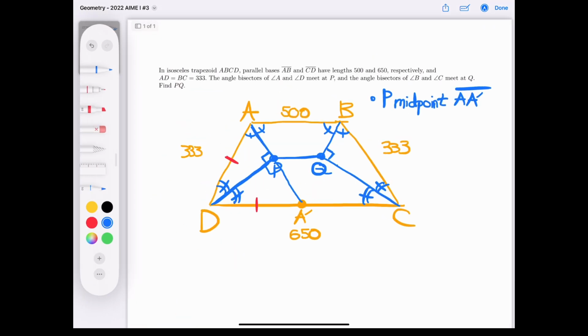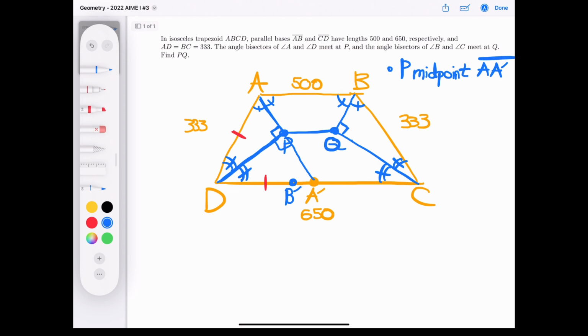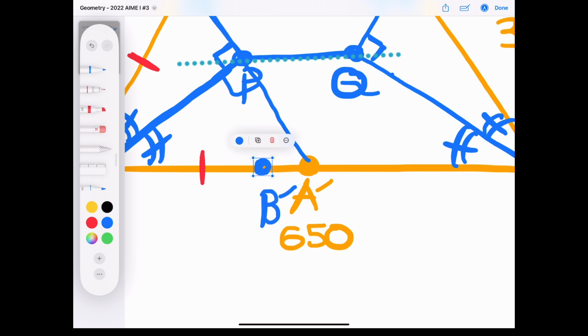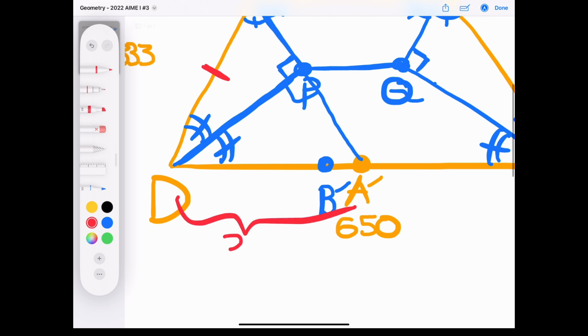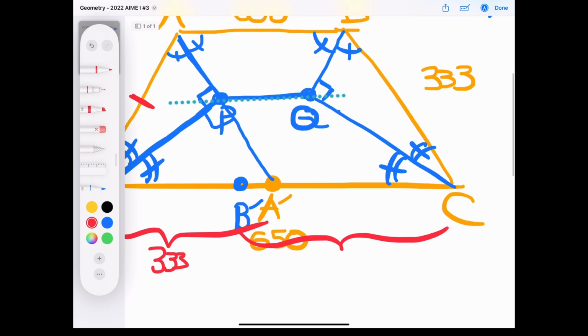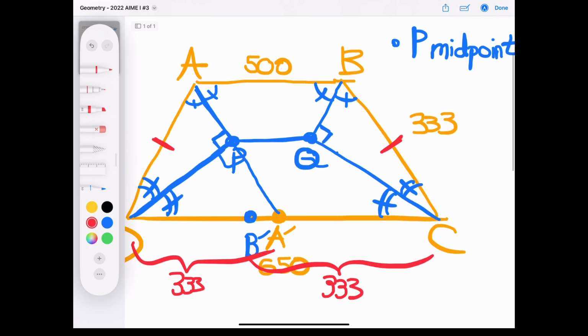And so the next thing I'm going to do is construct this point B prime so that B prime C is congruent to 333, just as DA prime was congruent to 333.